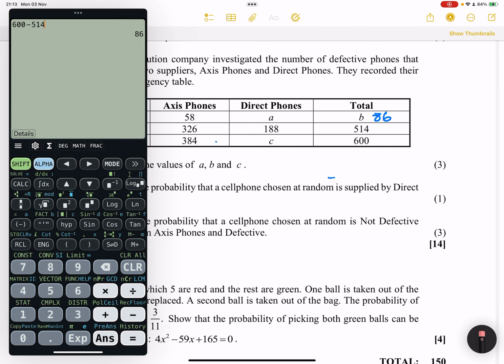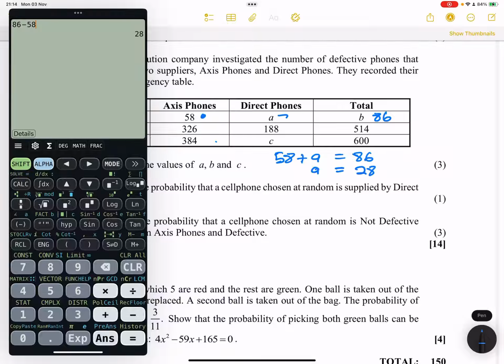Okay. What would be the value of A? This value plus A. So 58 plus A will give us 86. So what's the value of A? That's 86 minus 58, and that would give us 28.